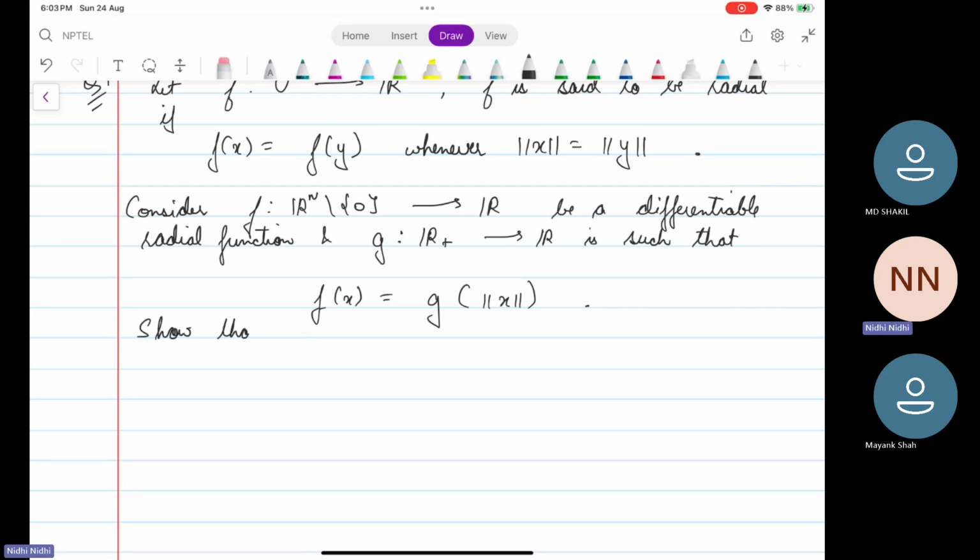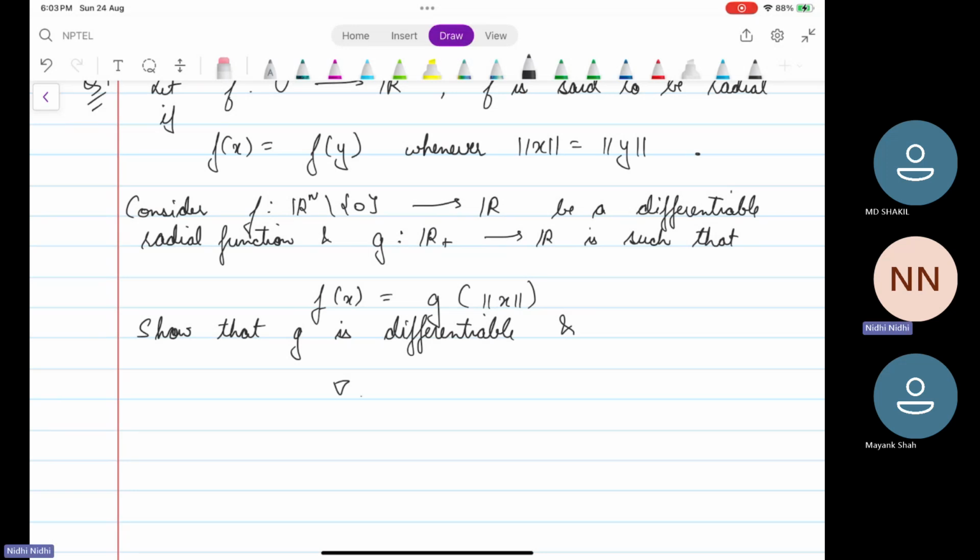So that g is differentiable with g dash, and there is a relation between the derivative of g and the gradient of f.